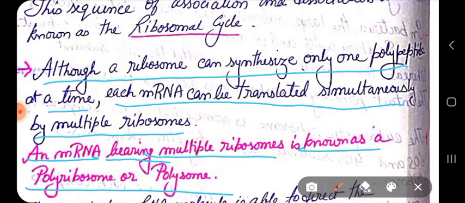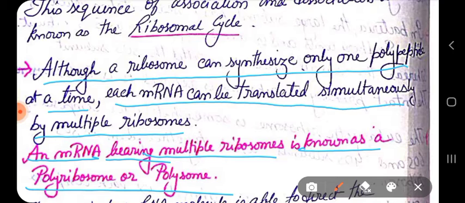This term polysome you have studied in the rough endoplasmic reticulum, where the membranes of the endoplasmic reticulum are studded by the ribosomes attached with ribophorins. These ribosomes are catalyzing the synthesis of polypeptide chains on the same mRNA.